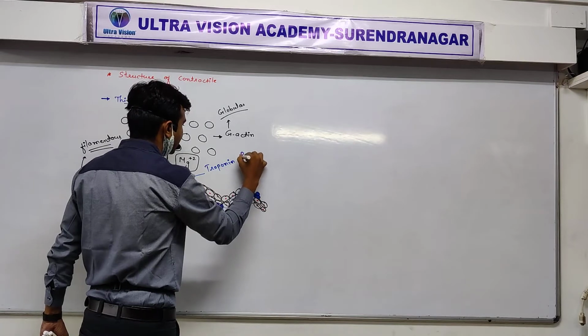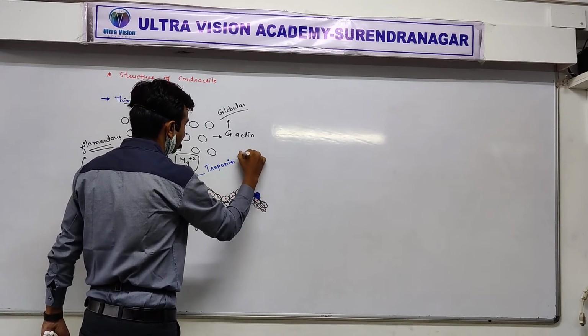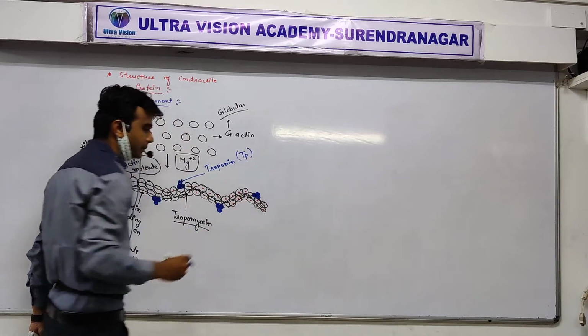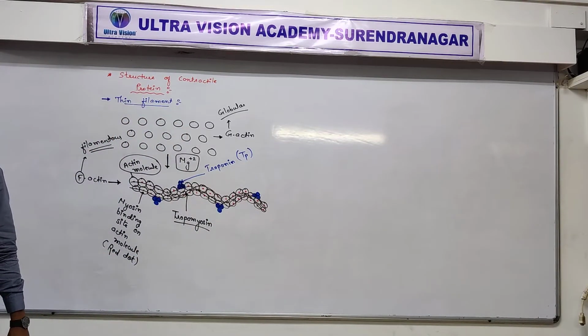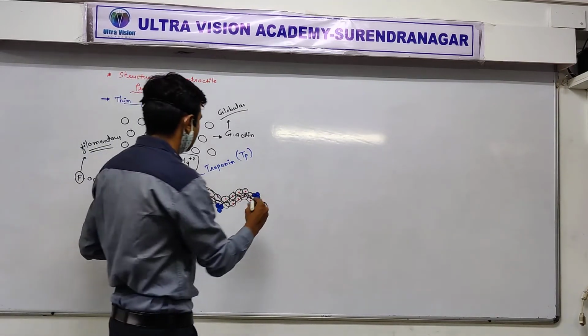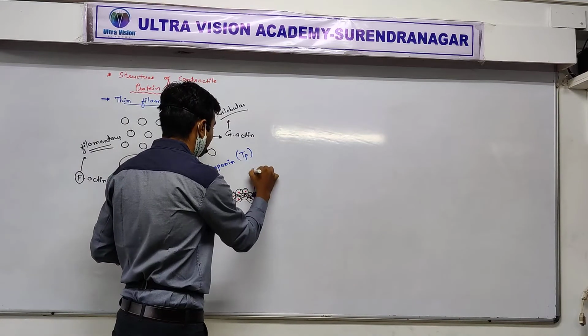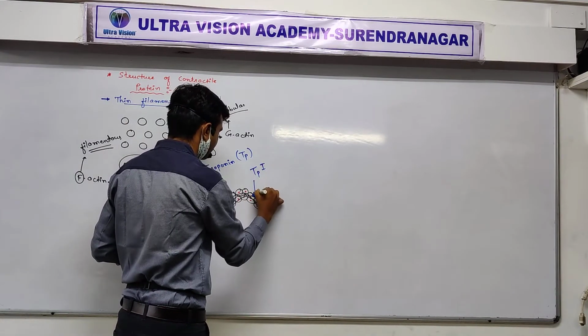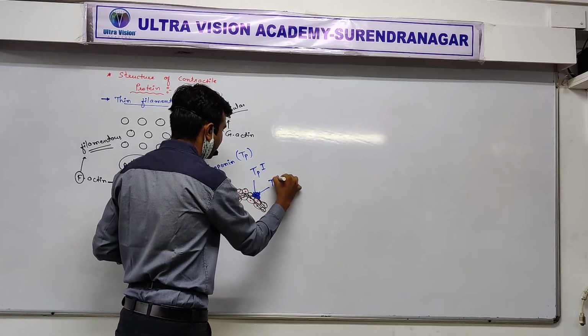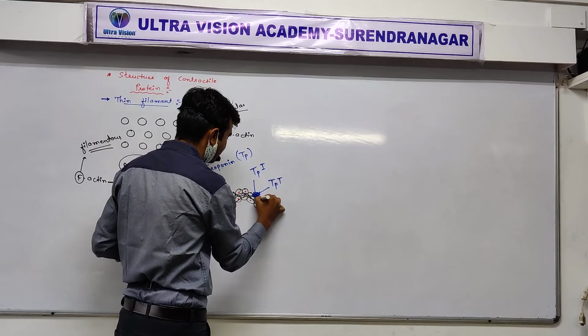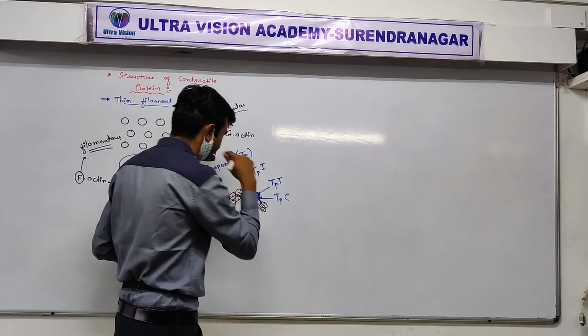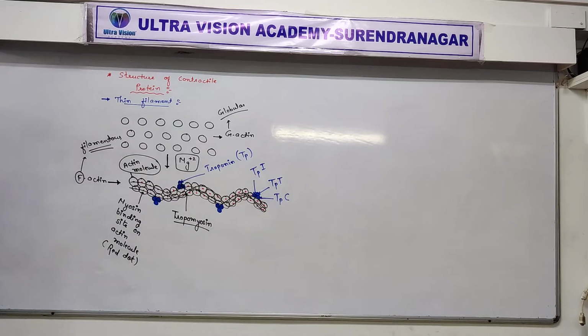Troponin can be represented in the short form TP. In the troponin there are 3 molecules: troponin I, troponin T, and troponin C. TPI, TPT, and TPC. 3 troponin molecules are there. Understand, everybody?